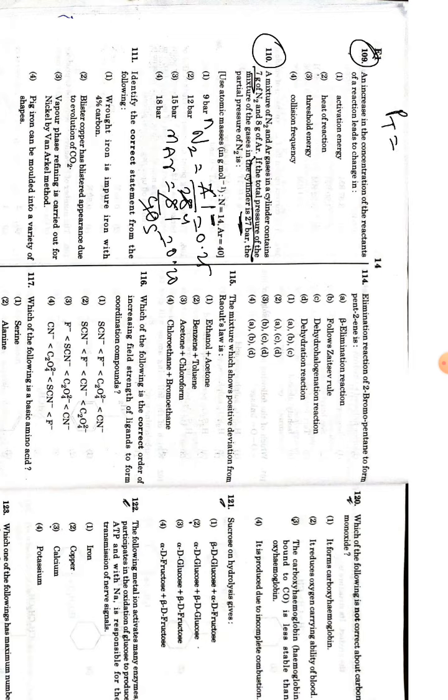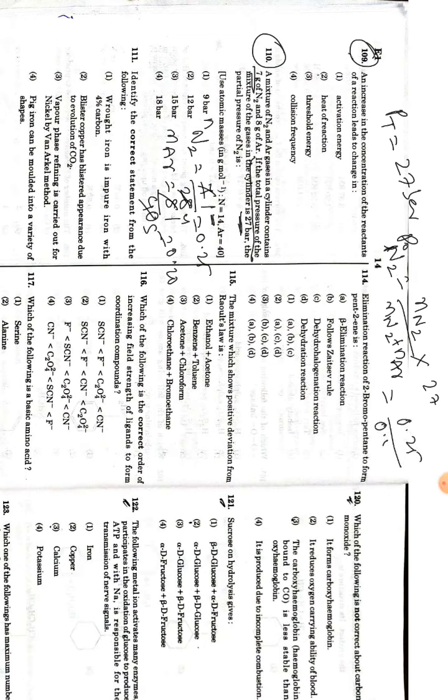I am writing over here, P total is equal to 27 bar, and he is asking about the partial pressure of nitrogen. So partial pressure of nitrogen is equal to mole fraction of nitrogen, number of moles of nitrogen by total number of moles, that is number of moles of nitrogen plus number of moles of argon, into 27 bar, right? So number of moles of nitrogen 0.25 by 0.45 into 27. Upon calculation it will come around 15 bars.